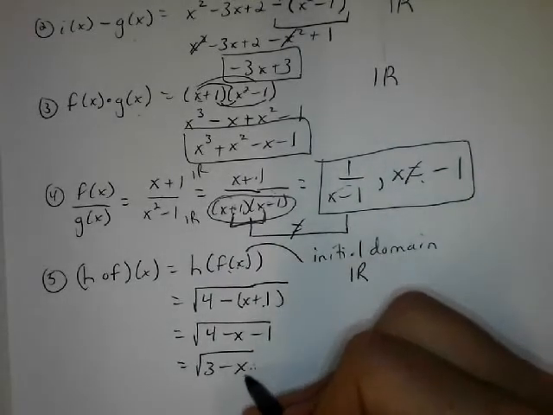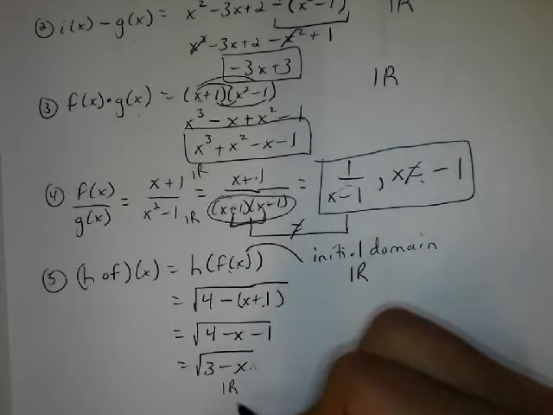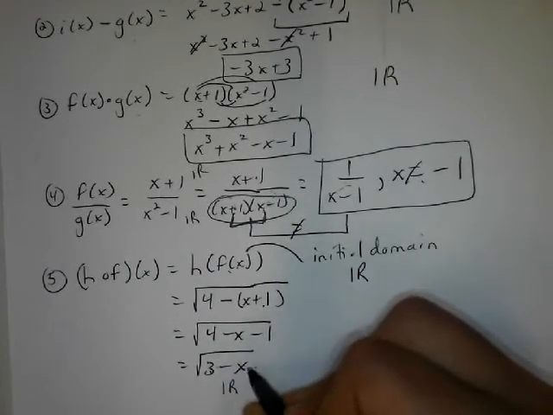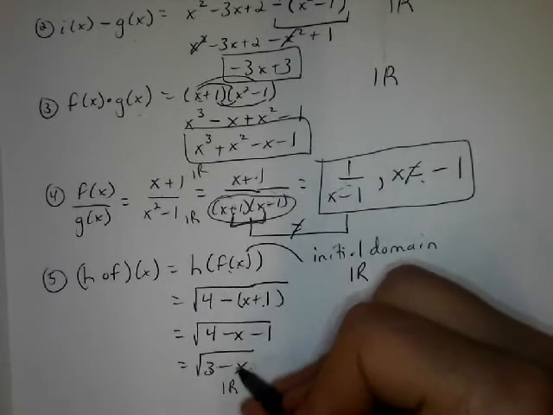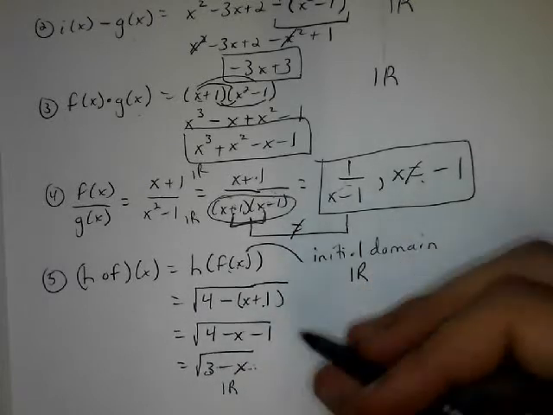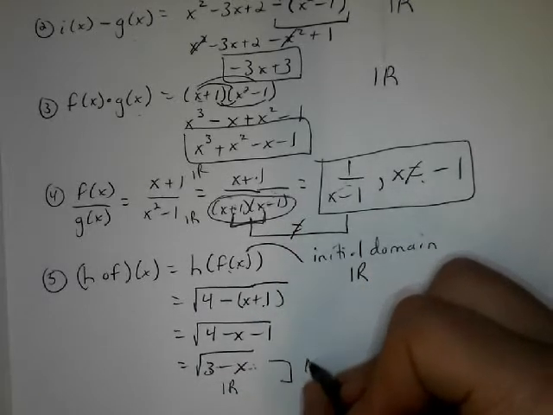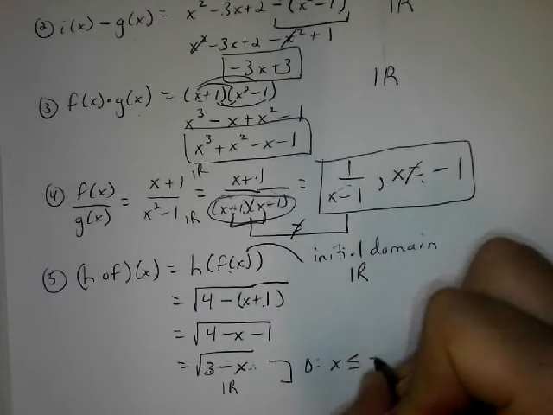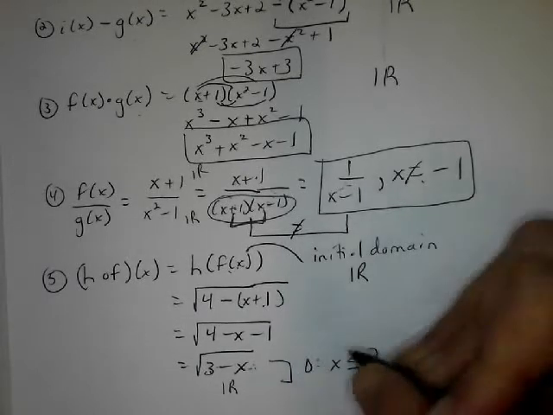So then when we come down here, we know that we have at least a domain of all reals. But then when we look at the square root of 3 minus x, we realize that x must be less than or equal to 3, because if you had 4 here, it would be a negative number inside the square root. So now, therefore, the domain is x is less than or equal to 3.